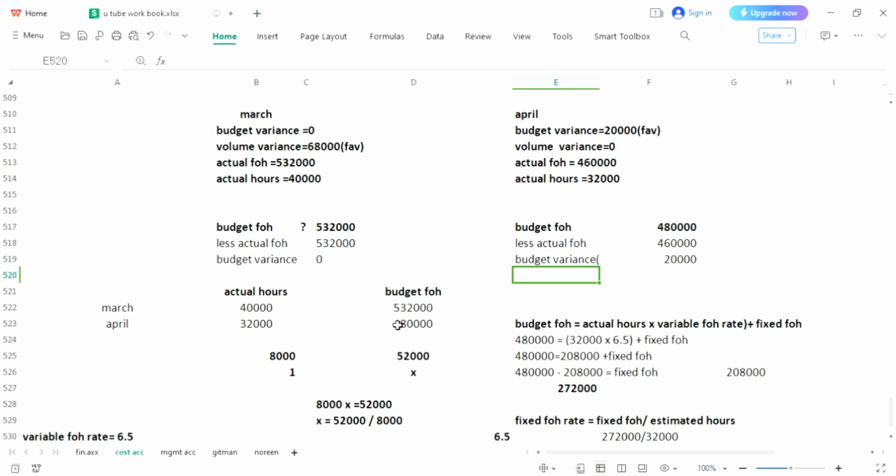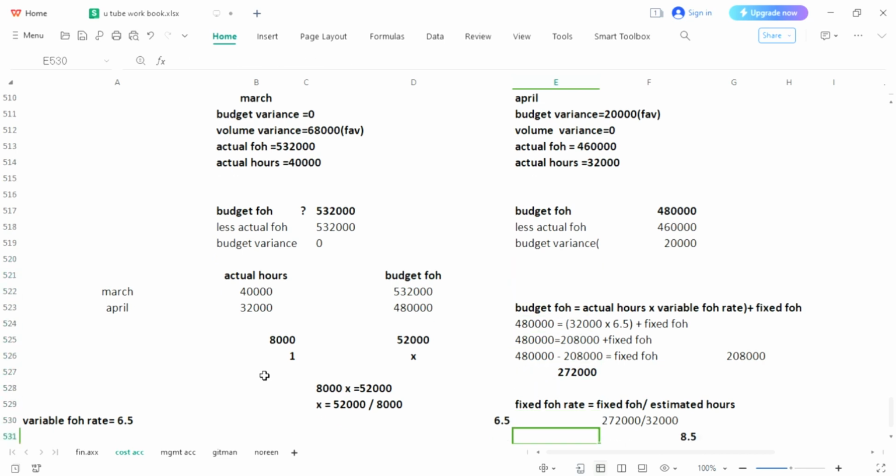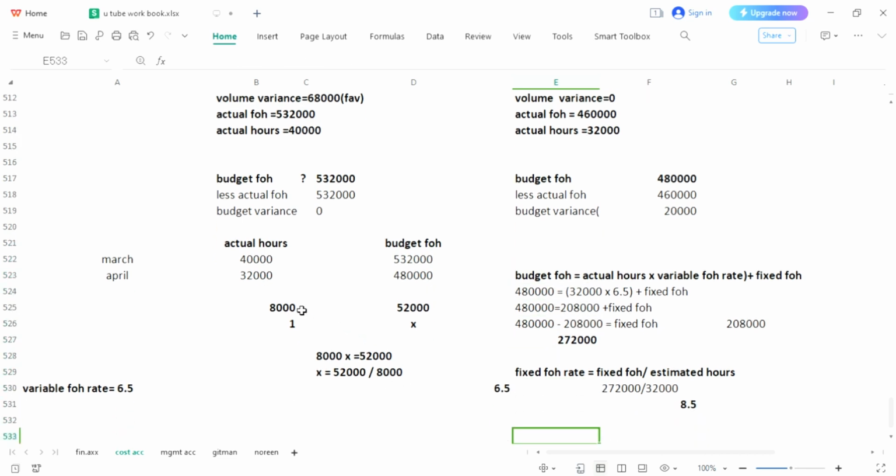We have written budget FH, and by calculating this with the unitary method, you have calculated your variable FH rate. The variable FH rate calculation was like this: if 8,000 hours are changed, 52,000 cost was changed, and if 1 hour would be changed, how much cost would be changed.